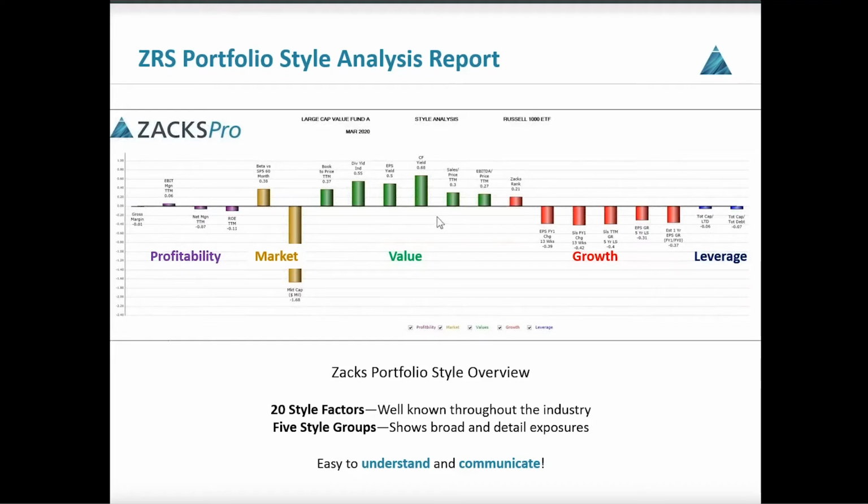You have a series of value factors, all of which give you a great description about the value of a fund, and they're all in terms that your audience will understand. You also have the growth factors, and we have 2 leverage factors. Again, the purpose of this report is to be able to show this, and it's easy to understand so you can explain it with confidence, and it's easy for you to communicate to your audience.